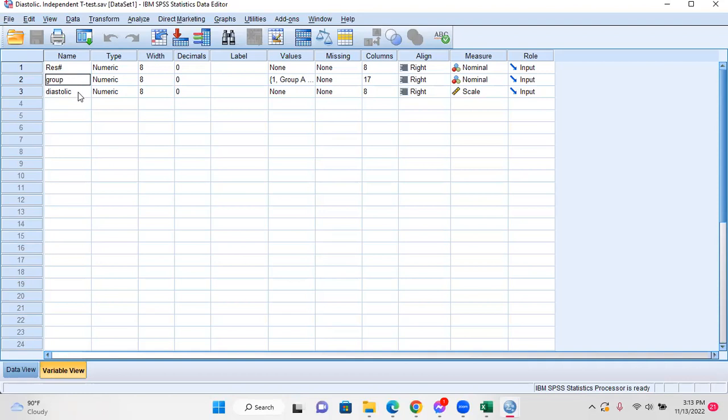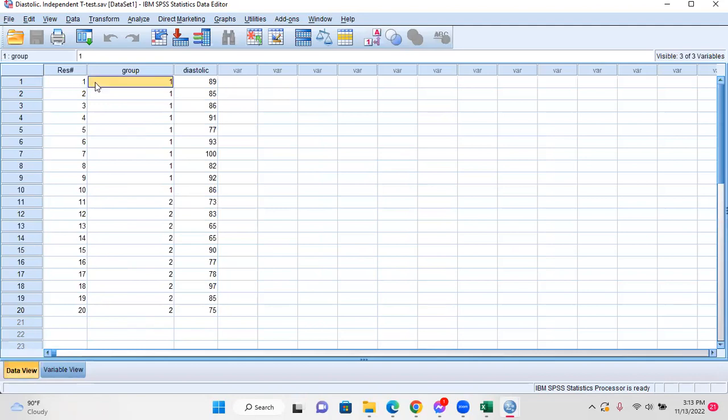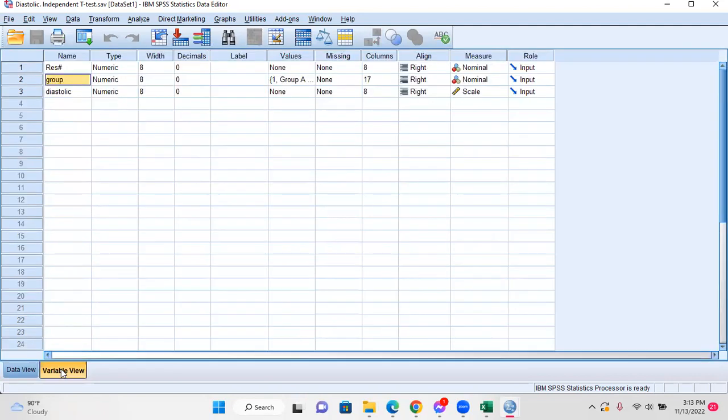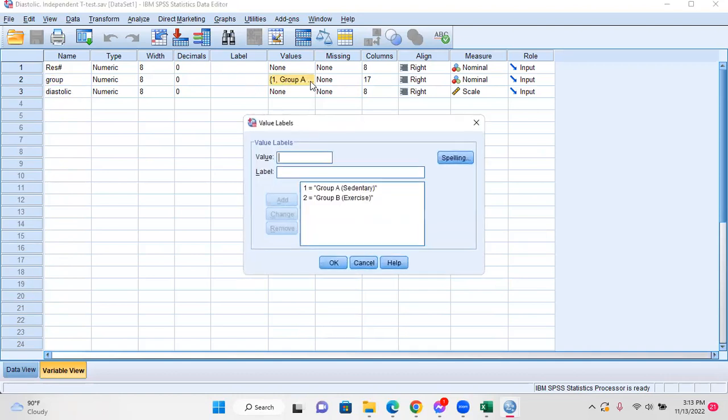Pwede tayong mag-edit dito sa variable view. We cannot edit dito sa data view. Dito lang tayo pwede mag-edit sa variable view. And then, dito sa values, dito yung group 1, sedentary, and then group B, exercise.